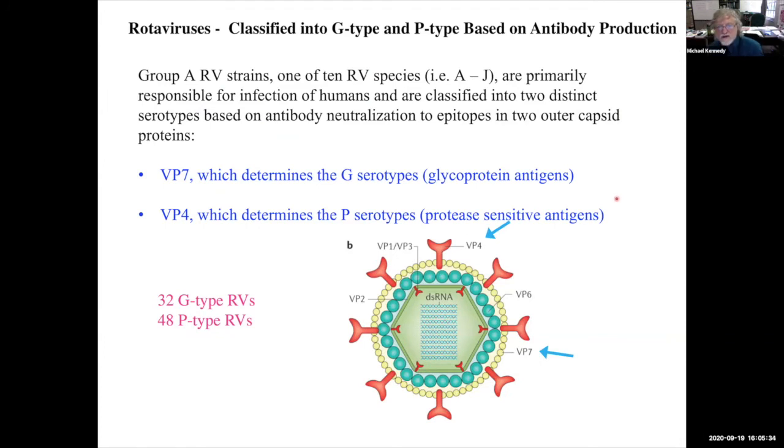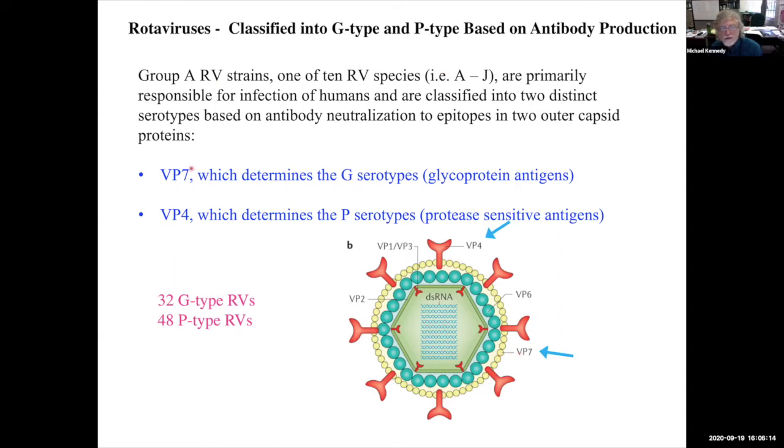So another thing that we need to know about is that rotaviruses are classified as either G-type or P-type based on their antibody production. And so the rotaviruses that infect humans are the group A rotavirus strains. These are one of 10 rotavirus species. And so the G-type rotaviruses, that is the classification that responds to the VP7 protein, which is a glycoprotein, which forms the part of the outer icosahedral capsid.